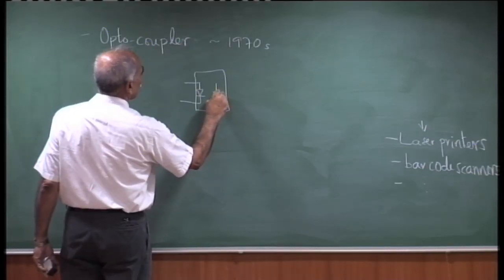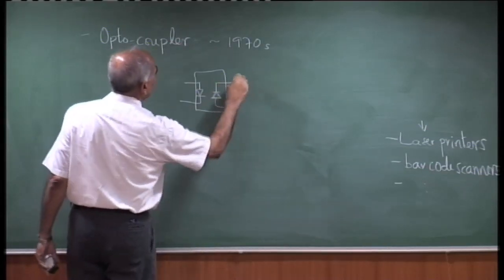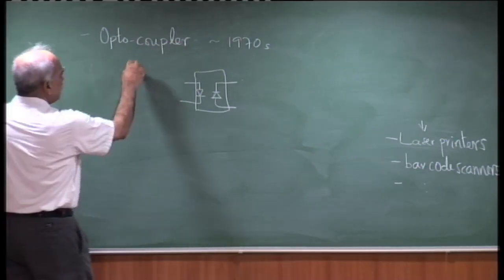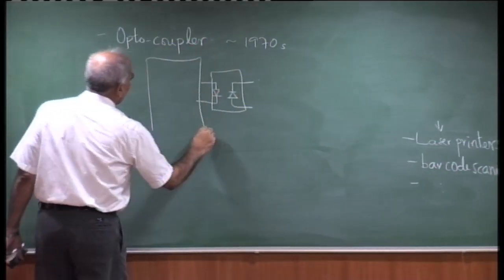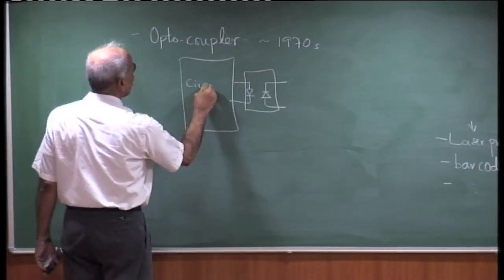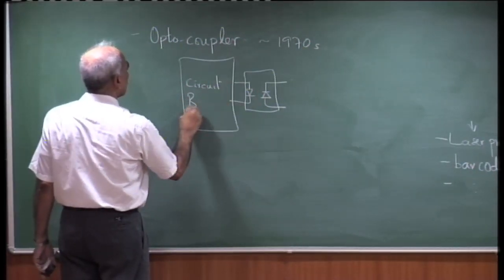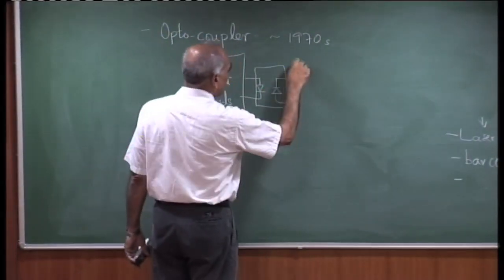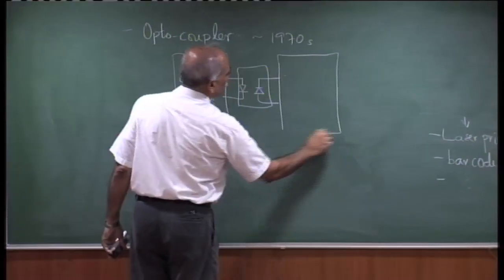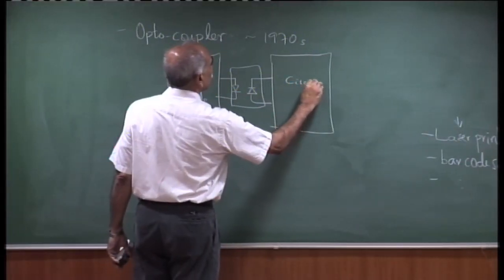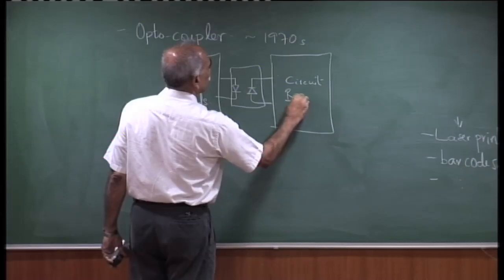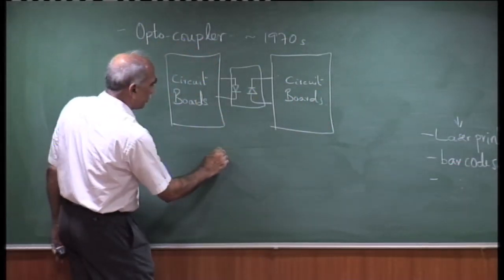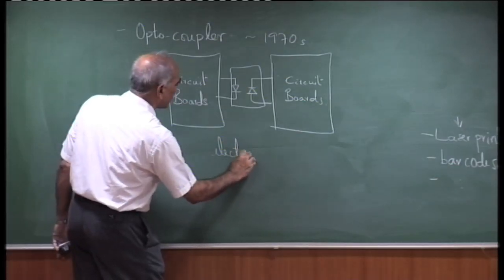It's a coupler. Historically, when people had electronic circuit boards, there were two circuit boards which had to be connected but electrically isolated, when you want complete electrical isolation.